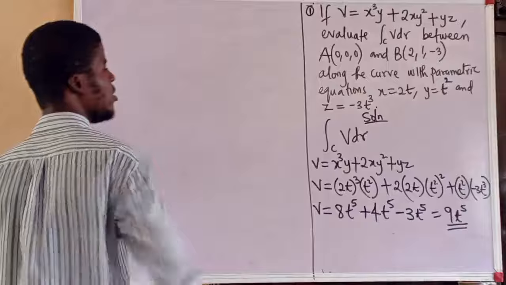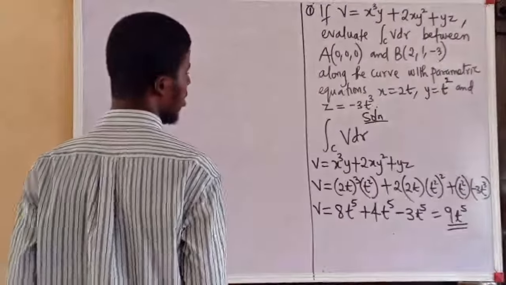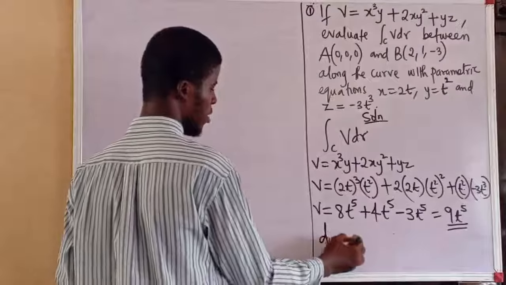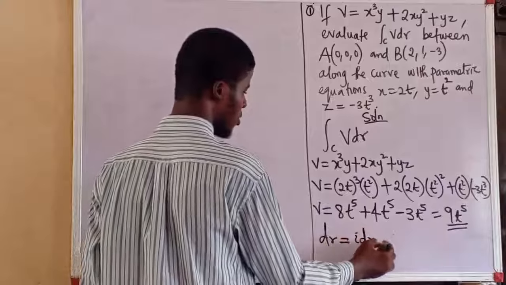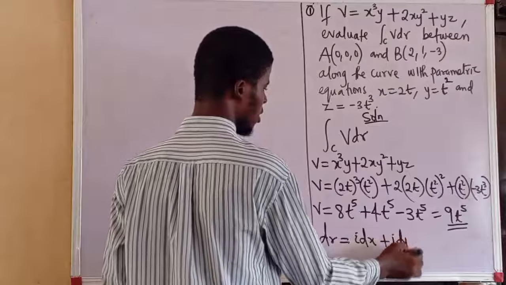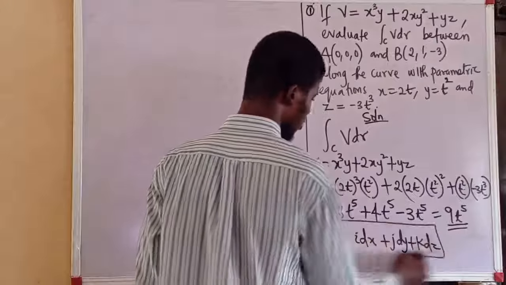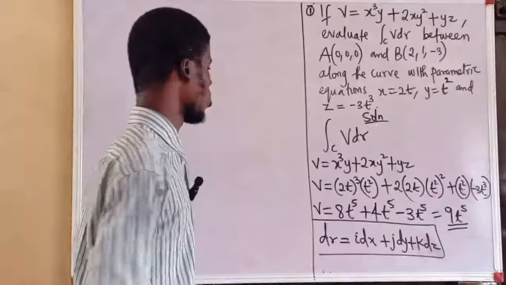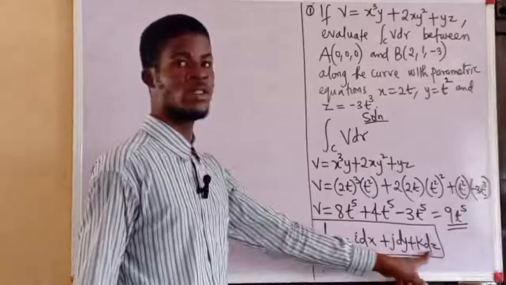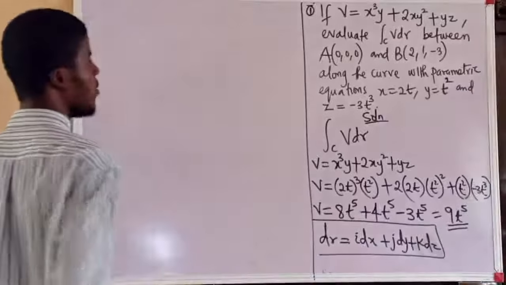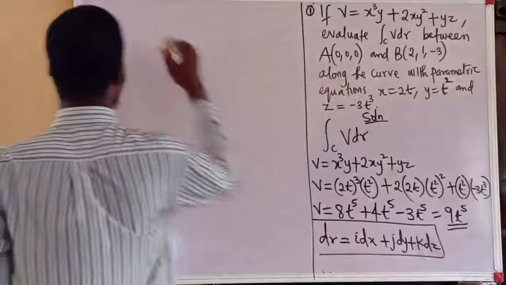So what now is dr? The dr itself is this, i dx plus j dy plus k dz. So the next question is, what is dx, what is dy, and what is dz? Look at the parametric equations. x equals 2t.